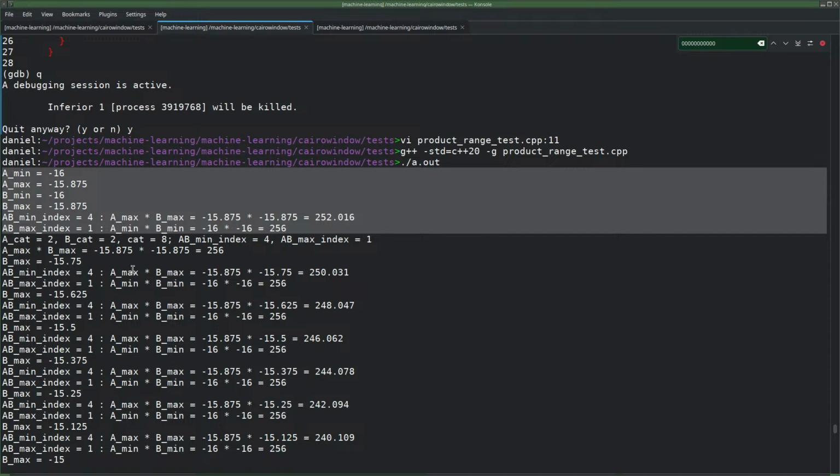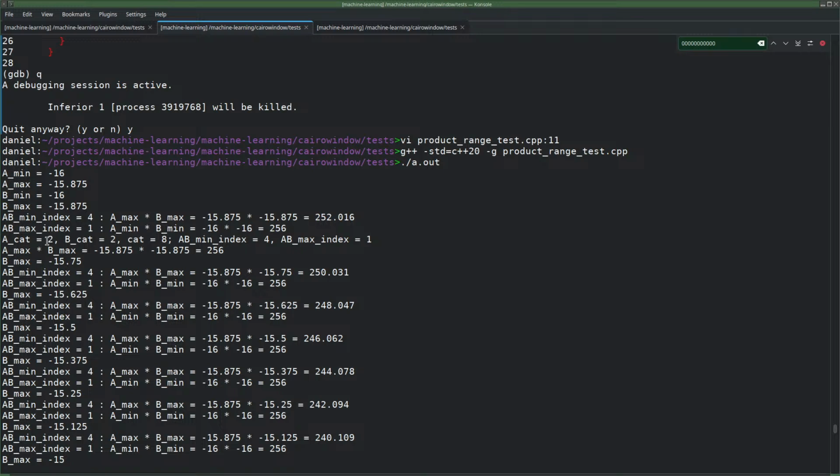And then the category is being calculated. How did I calculate the category again? Why was A cat 2 and B cat 2 as well? I forgot. If these categories are both 2, then the total category is 3 times this one, I think, plus that one, so that's 8.